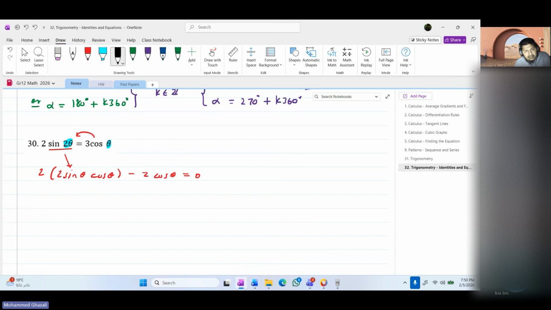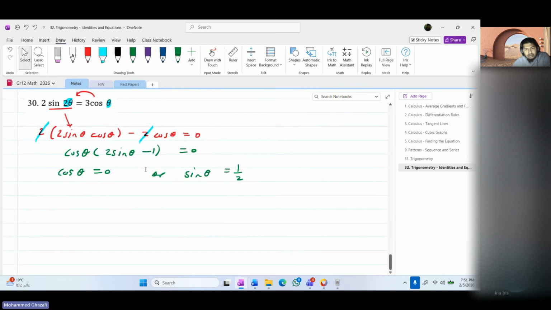So now what we have is 4 sine theta. Again, we can drop the 2's because we are dividing by 2. Divide by 2, divide by 2, that can cancel out. Now you can just take out cos theta as a common factor. And we are left with 2 sine theta minus 1 is equal to 0. So now we have cos theta is equal to 0, or sine theta is equal to half.